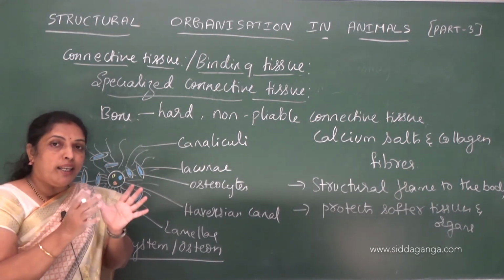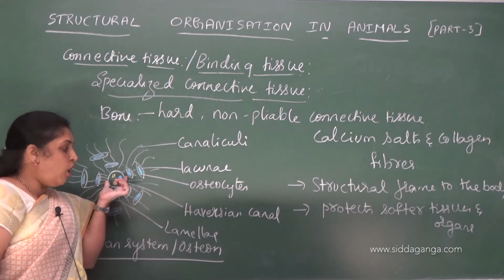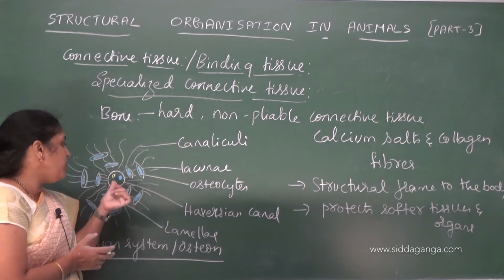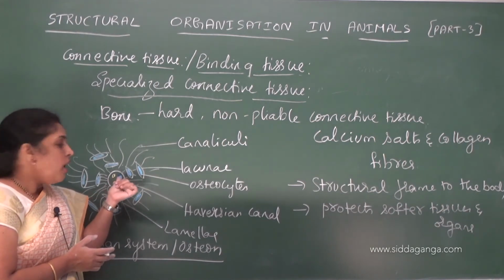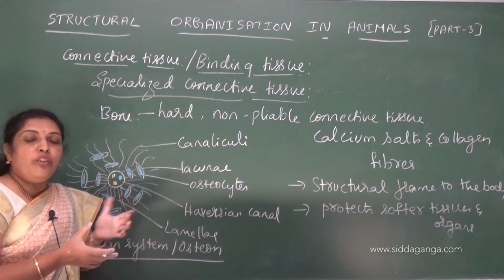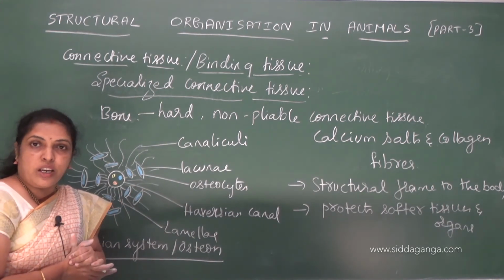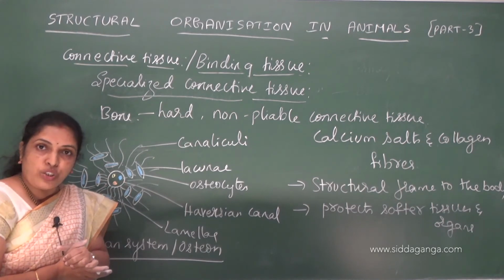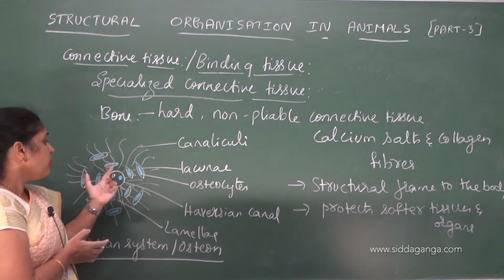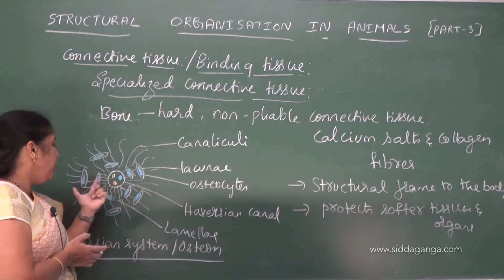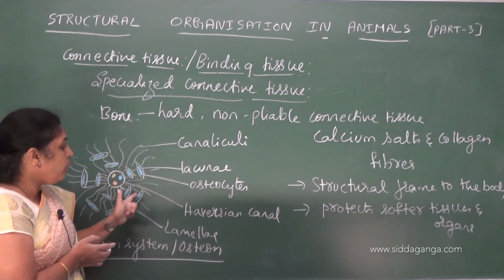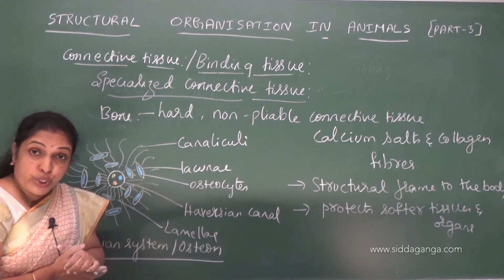What does it contain? It contains a central canal called the Haversian canal. Inside that Haversian canal we see a nerve, artery and vein. Understood? Artery, you know, provides oxygenated blood. Vein carries deoxygenated blood. And nerve mainly innervates bone. This canal is surrounded by many empty spaces called lacunae, and inside those lacunae we see bone cells called osteocytes.